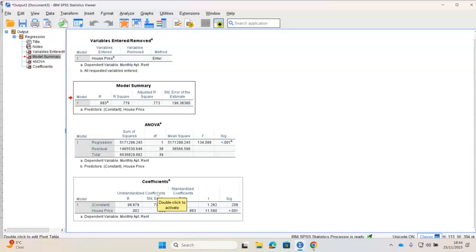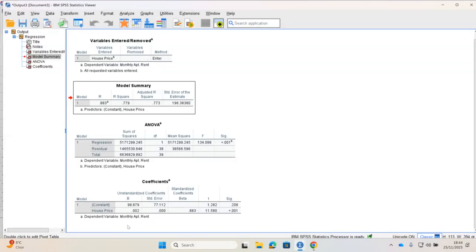To find the equation of the line, we will look at the coefficients table here.